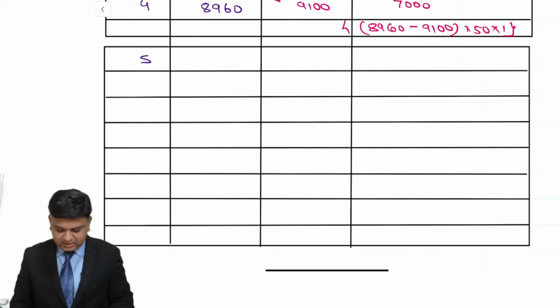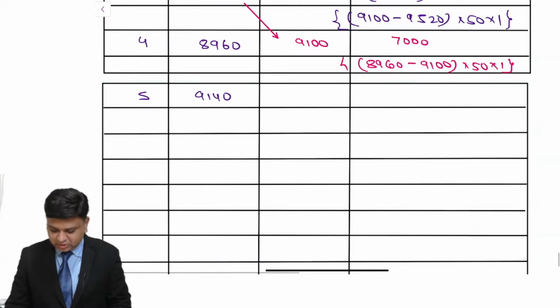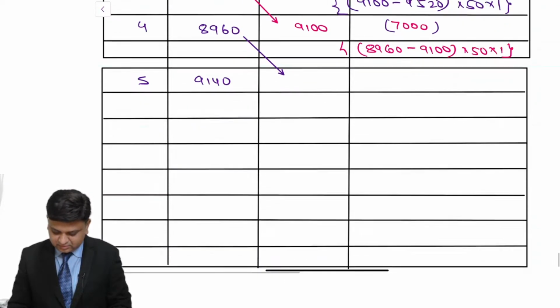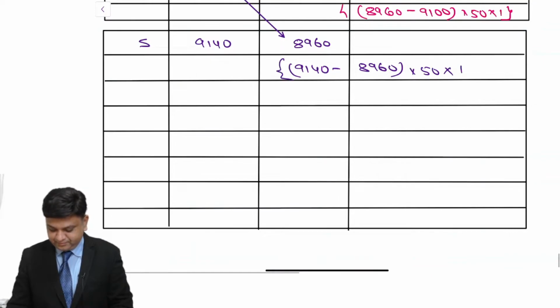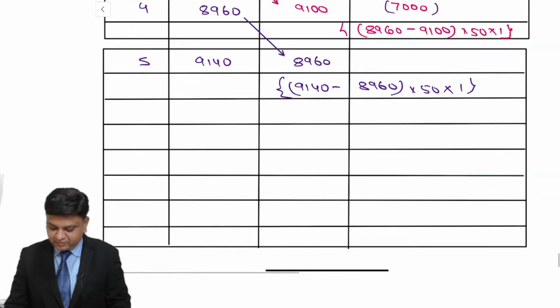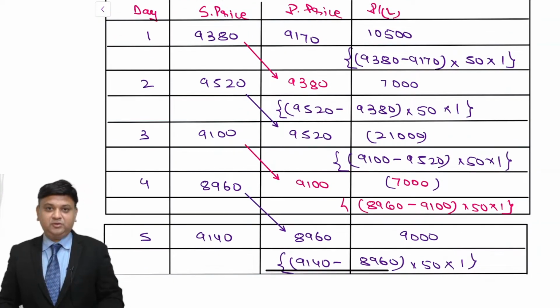Then on fifth day, it is 9140 against 8960. So 9140 minus 8960 into 5050 into 1. So there is a profit of 180 into 5050, that comes to a profit of rupees 9,000. This is the way the profit or loss is required to be calculated on daily basis.